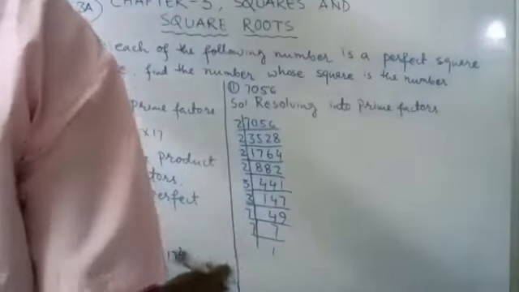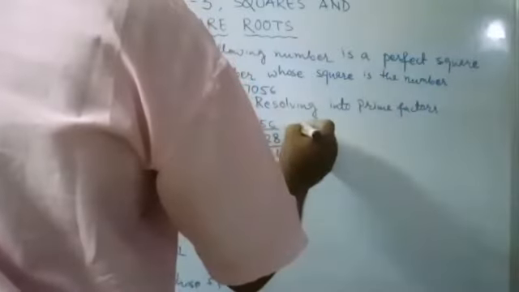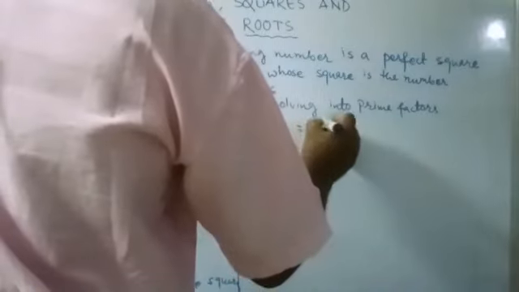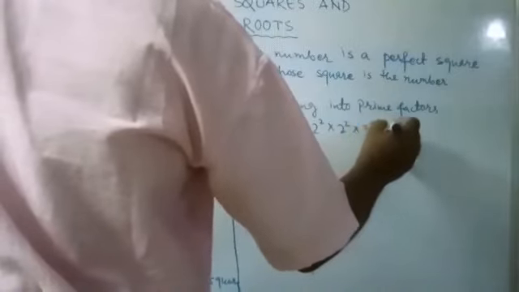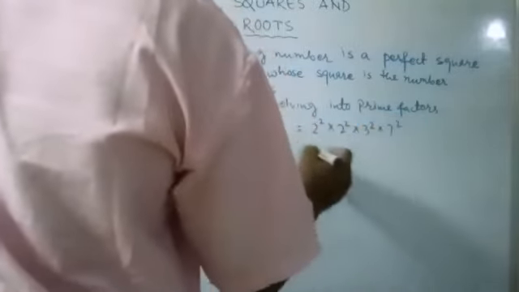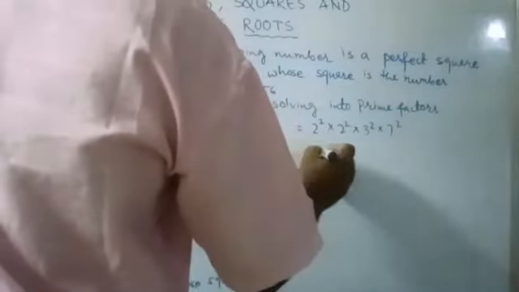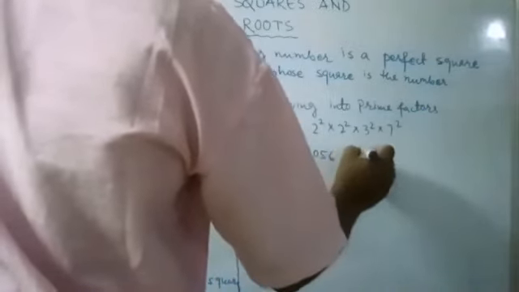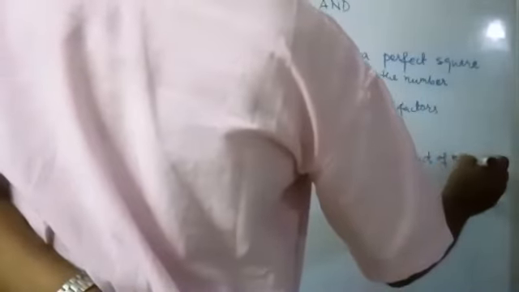Now children, here we see the factors of 7056 are equal to square of 2 multiplied by square of 2 multiplied by square of 3 multiplied by square of 7. That shows that 7056 is the product of equal factors.